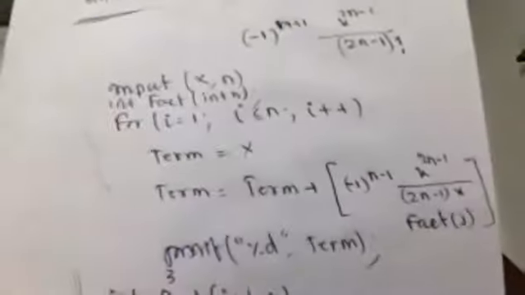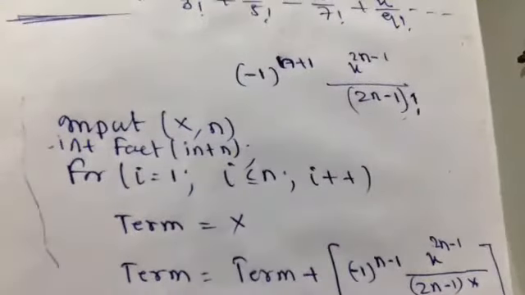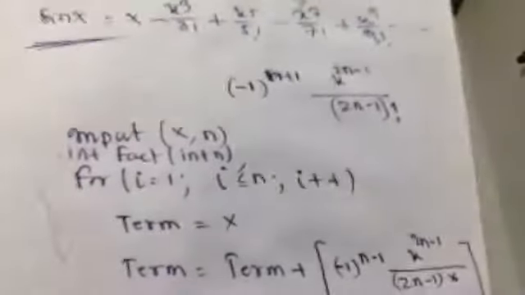So if I consider this program, I think it is with you, no? Factorial of a given number. How to find the factorial of a given number using function subprogram.